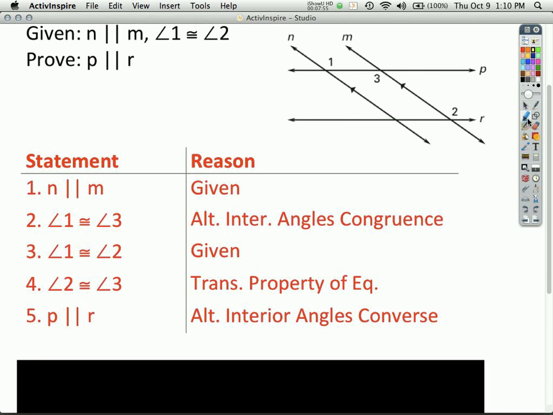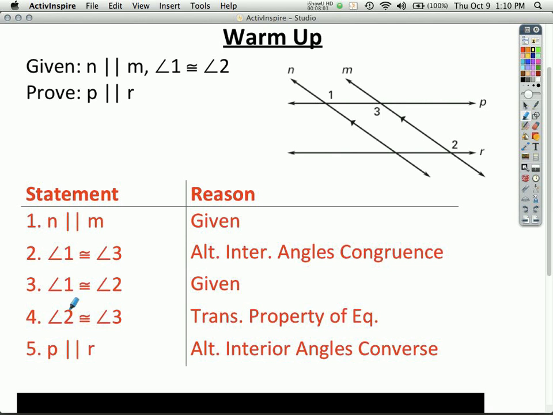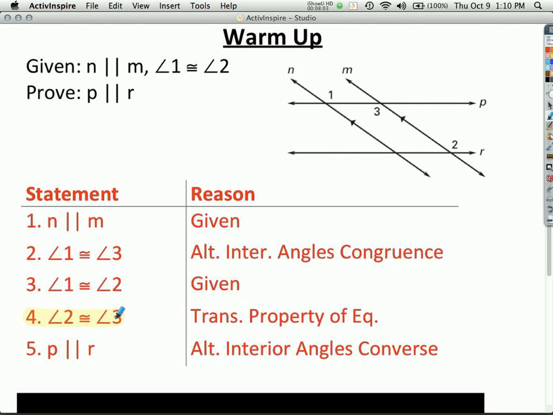And so, what you needed to recognize was, and this is what we spoke about last time, this being the key. What fact would have to come out to prove that P was parallel to R? So we need P parallel to R, so we need this congruent to that to prove that.